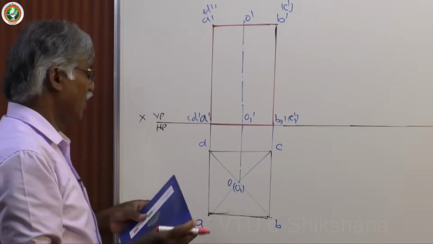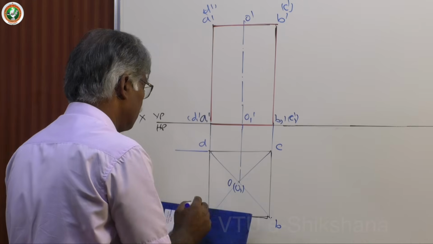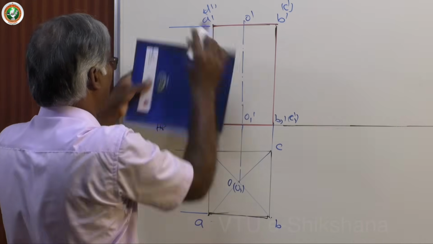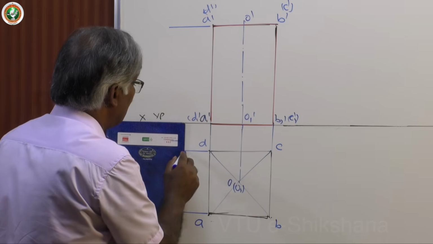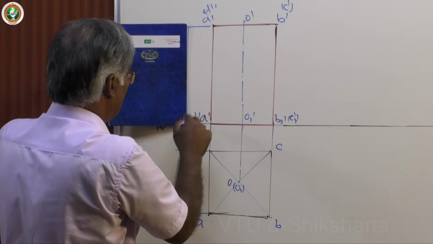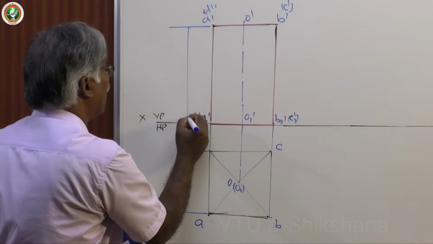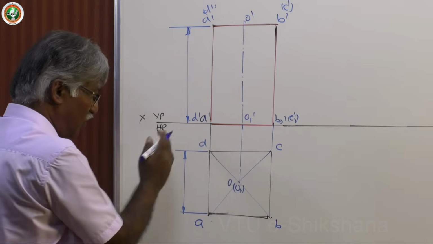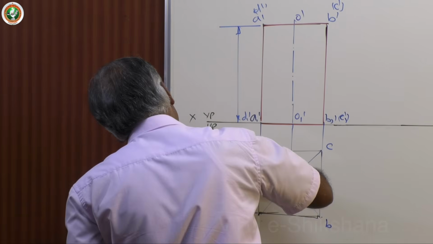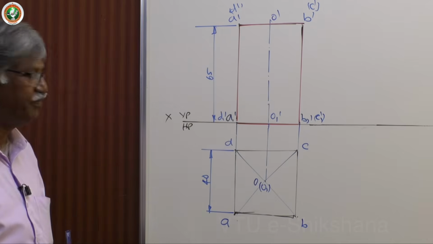Now as usual, dimension the top view. Only the first figure must be dimensioned unless it is required. You see that I have taken approximately the same position. Don't go for offset. This is 40, 65. This is a better way of presentation.